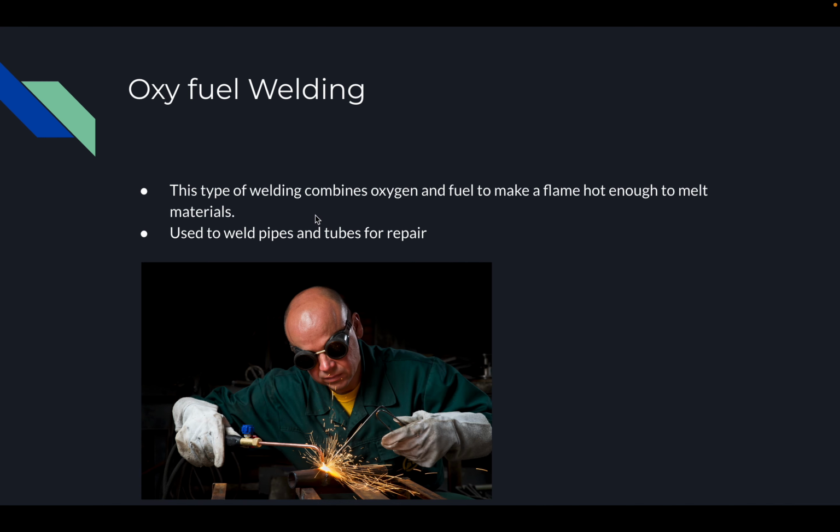Oxy-fuel welding. This type of welding combines oxygen and fuel to make a flame high enough to melt materials. This is usually used to weld pipes and tubes for repair. So like this says, it's used for pipes, but not like pipeline welding. This is used more for like plumbing welding. As you can see right here, this guy just has a small piece of pipe.